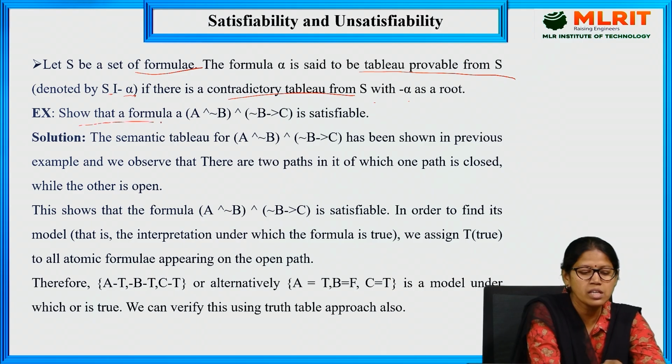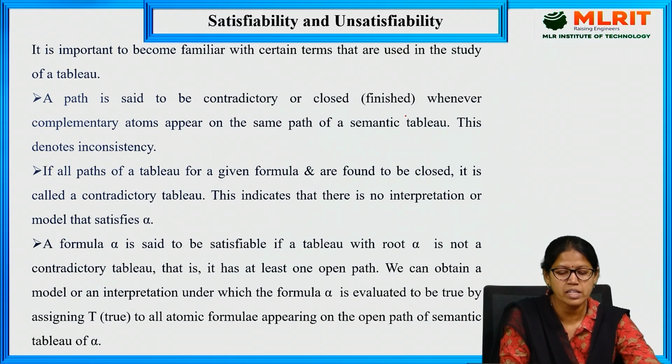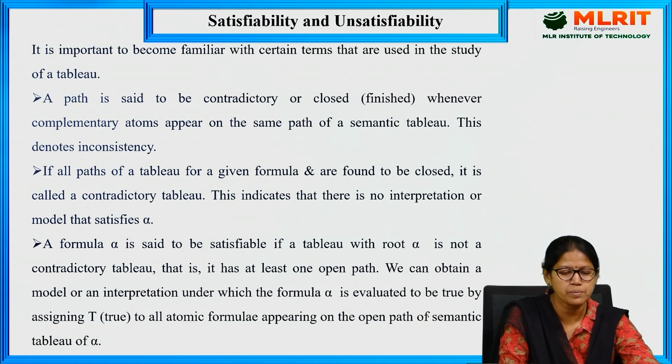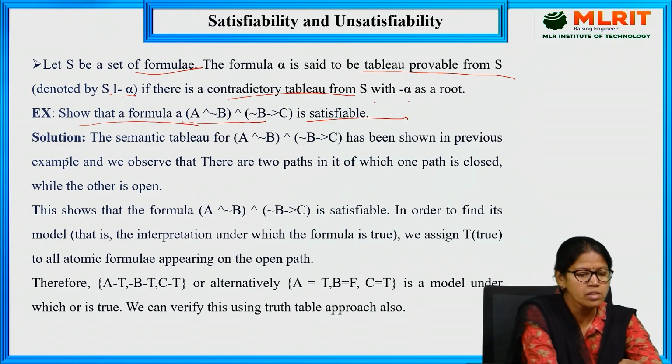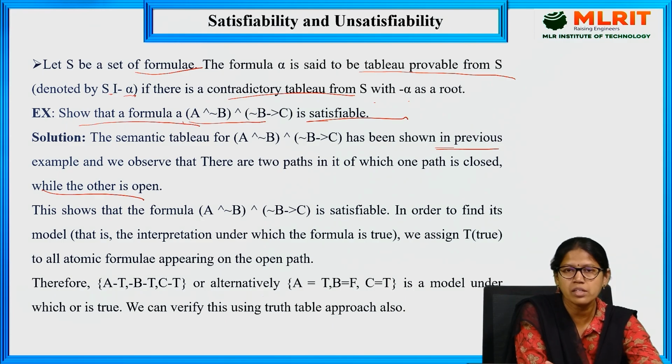Let's show that the formula we solved in the previous example, A and negation B and negation B implies C, is satisfiable. I already said that satisfiable means at least one of the paths is open. The solution has been shown in the previous example: one path is closed, another path is open.